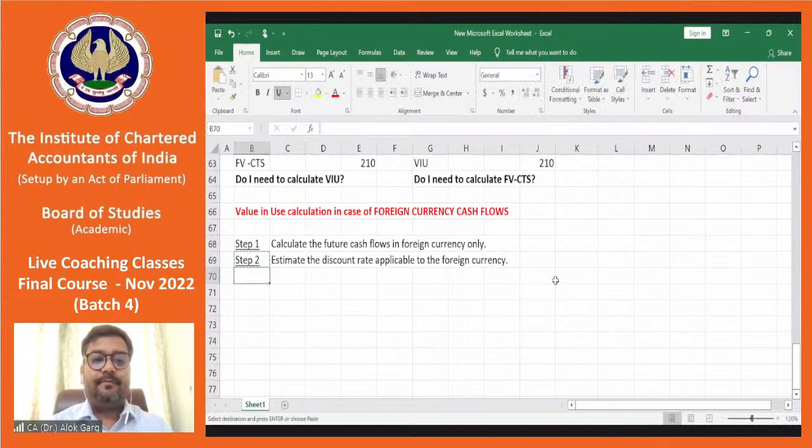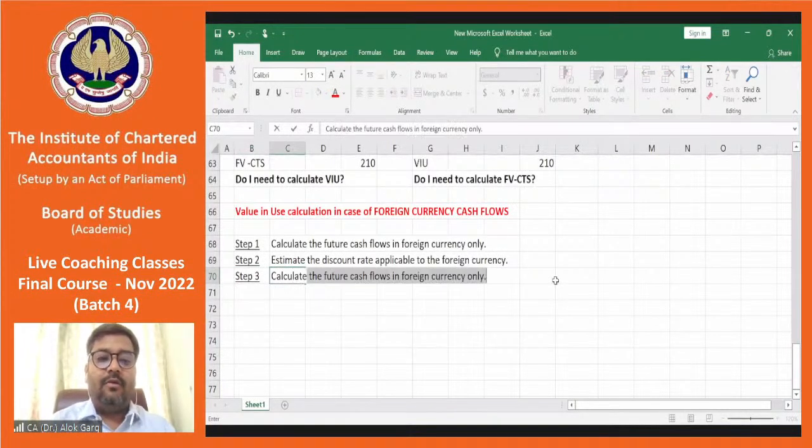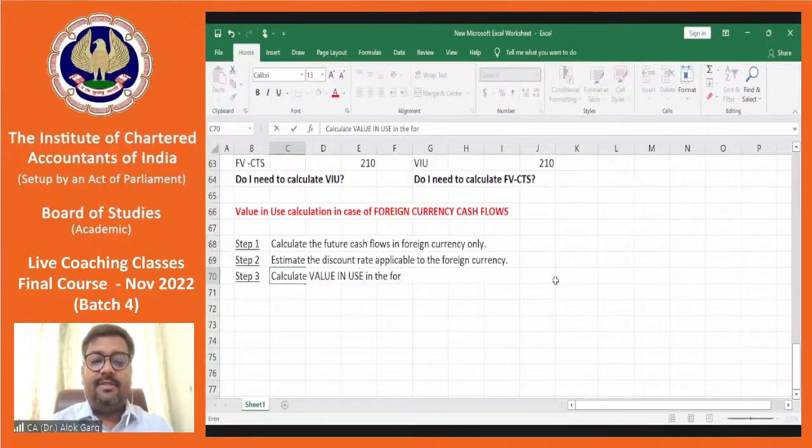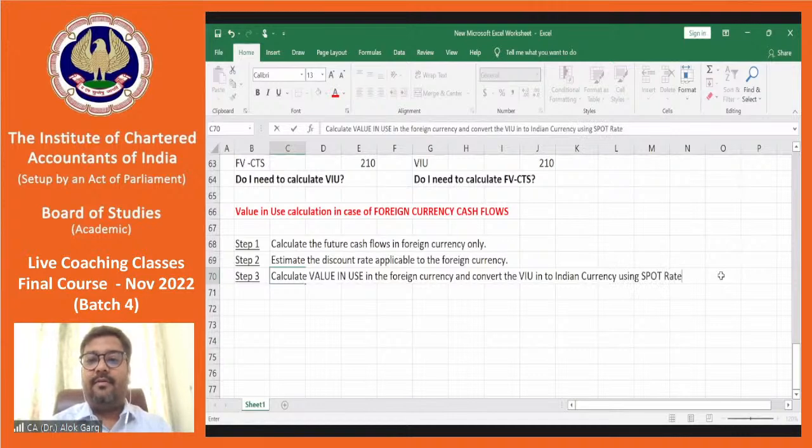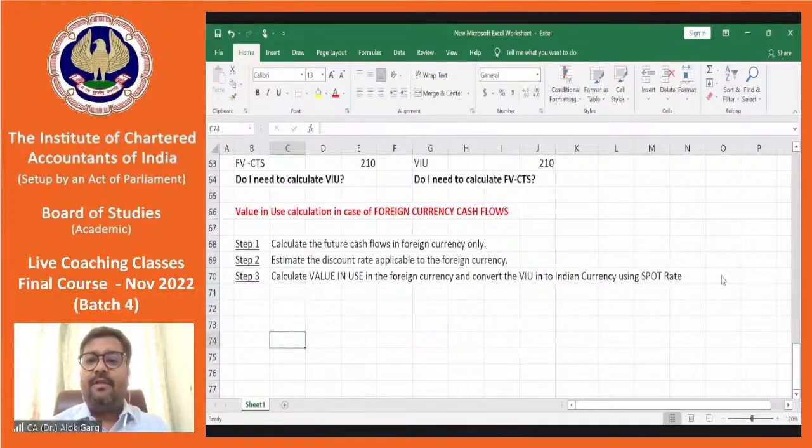Step number 3, calculate value in use in the foreign currency, and convert the VIU into Indian currency or reporting currency, right? Using spot rate. I hope the steps are clear to everyone.